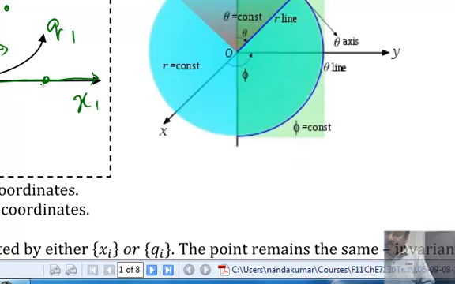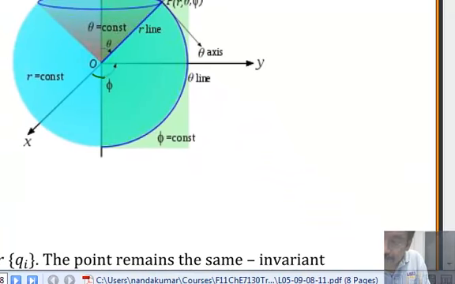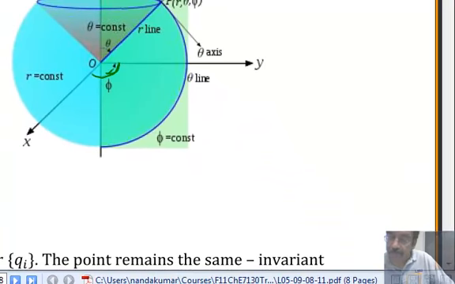In such a spherical coordinate system, if I change r, you have to understand this. So here, this is a theta, okay, and that is going from the x-axis to the y-axis.